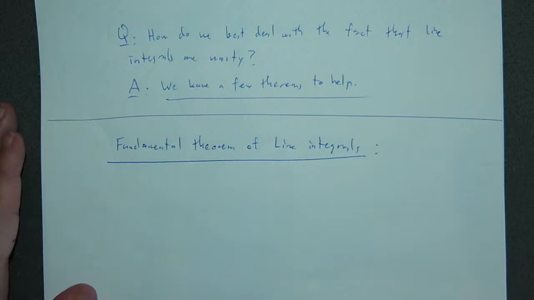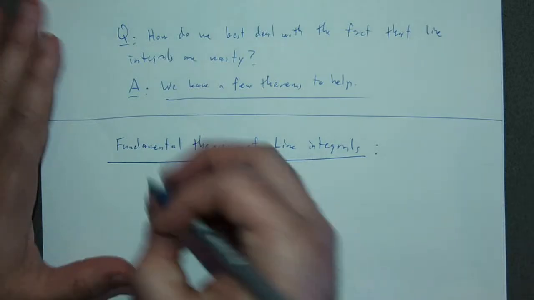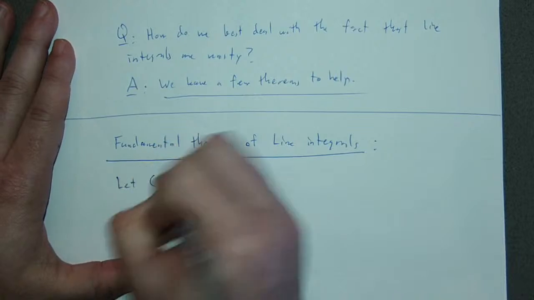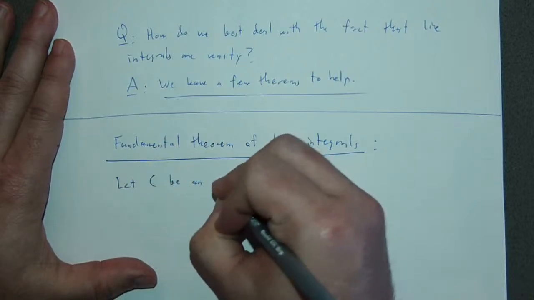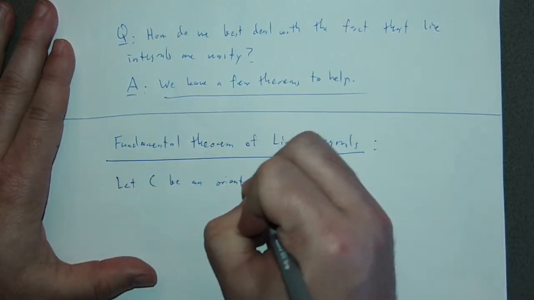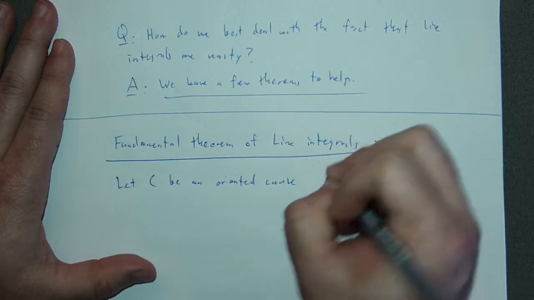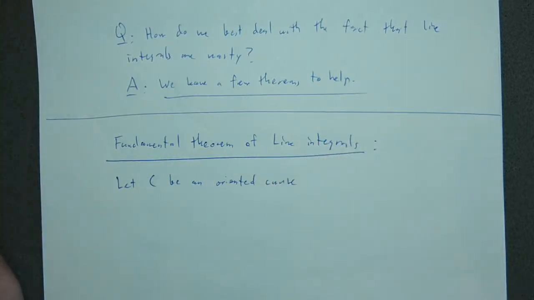So what's the fundamental theorem of line integrals? I'm going to give the statement, then I'm going to interpret it. The statement of the fundamental theorem of line integrals is the following. Let C be an oriented curve, that is, a curve together with an orientation. We know that if we're given the smooth parameterization for C, then we already have the orientation included implicitly.